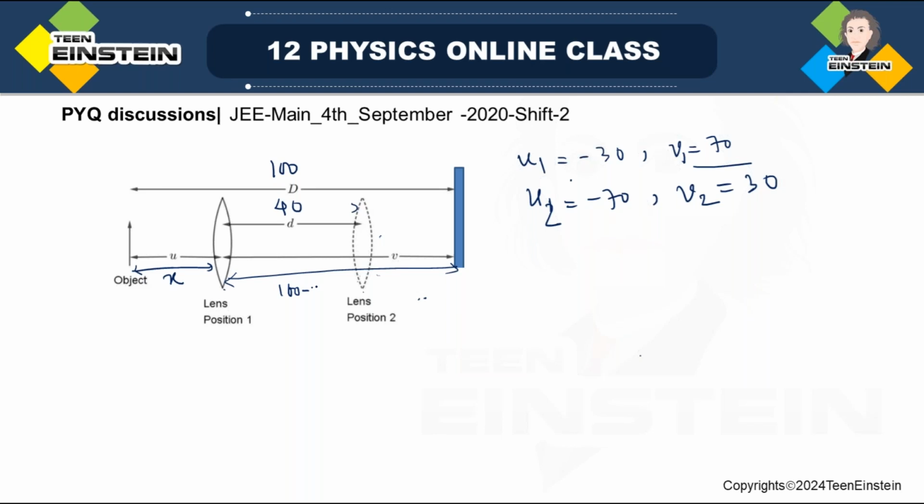So within this I have 100 minus x, and this is 40.